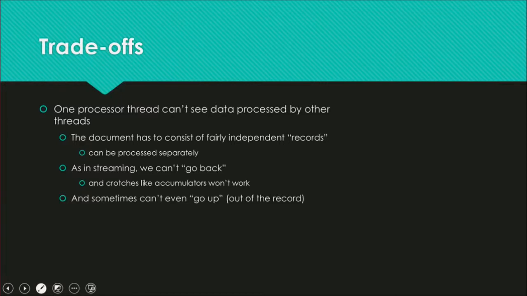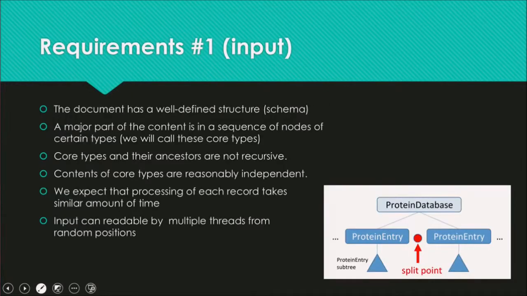Because we're using large documents, we use streaming, so every limitation imposed by streaming applies here as well. So you have to write streamable templates, and you can't go out of the record. So it's obvious that it's not really applicable for any document.